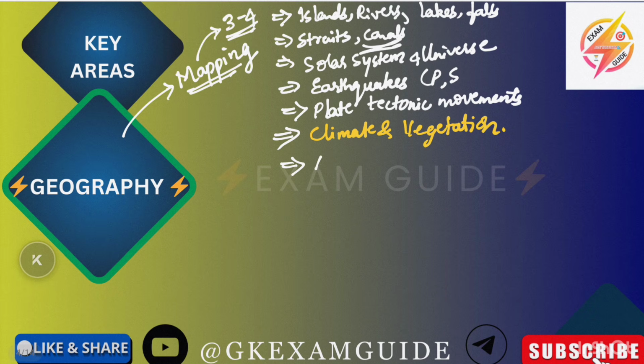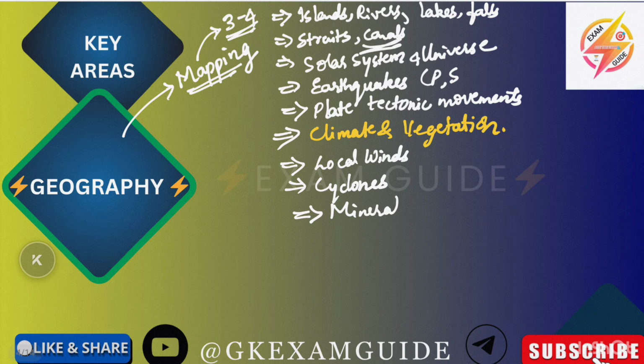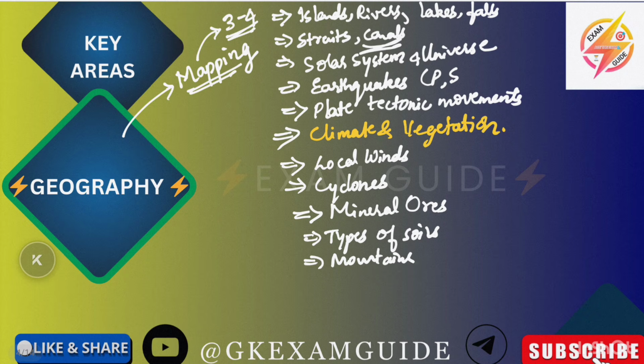And next we come to local winds, cyclones, mineral ores, types of soil, mountains, highest peaks, especially the Himalayas in our India, and ocean currents.